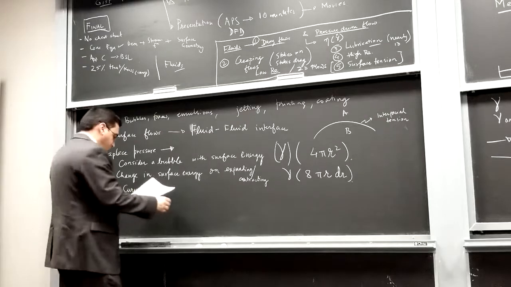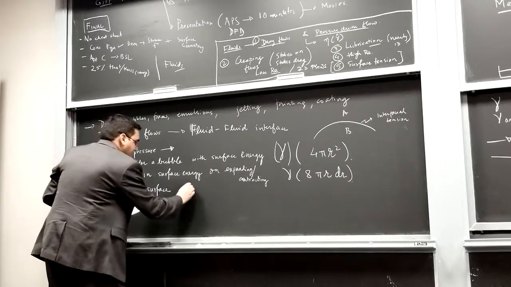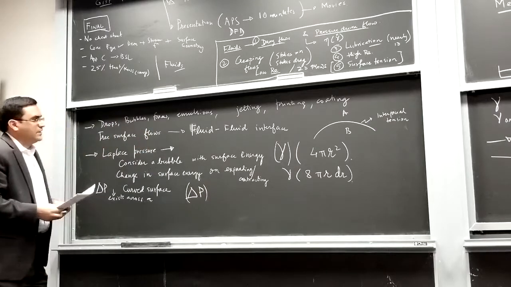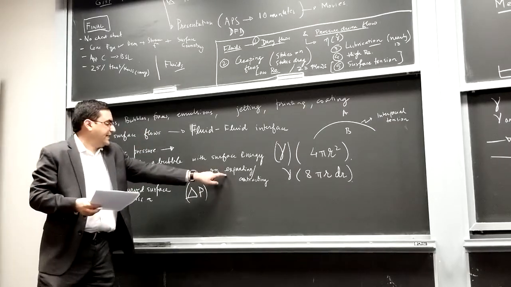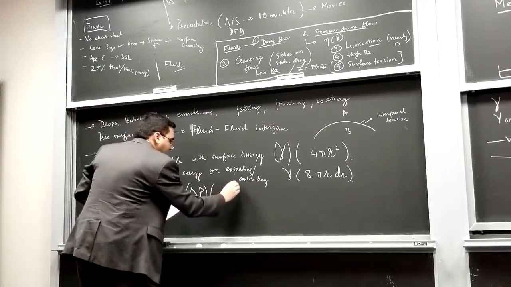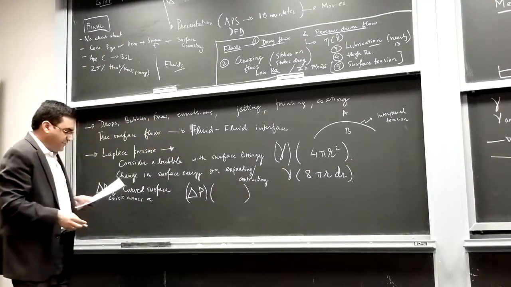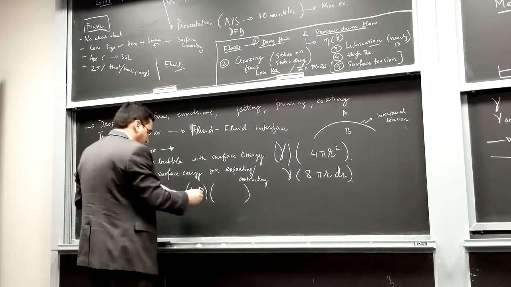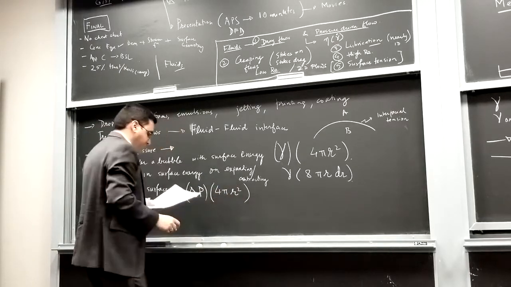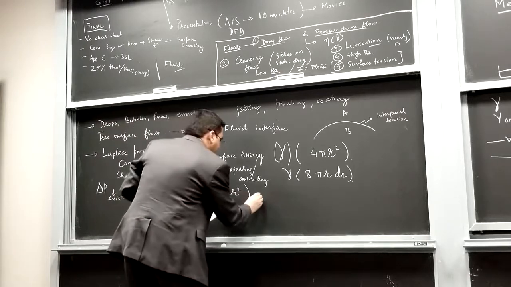Because of this pressure difference, to change the area or to change this volume, you have to do work, which is related to force times displacement. So force is pressure times area, times displacement.